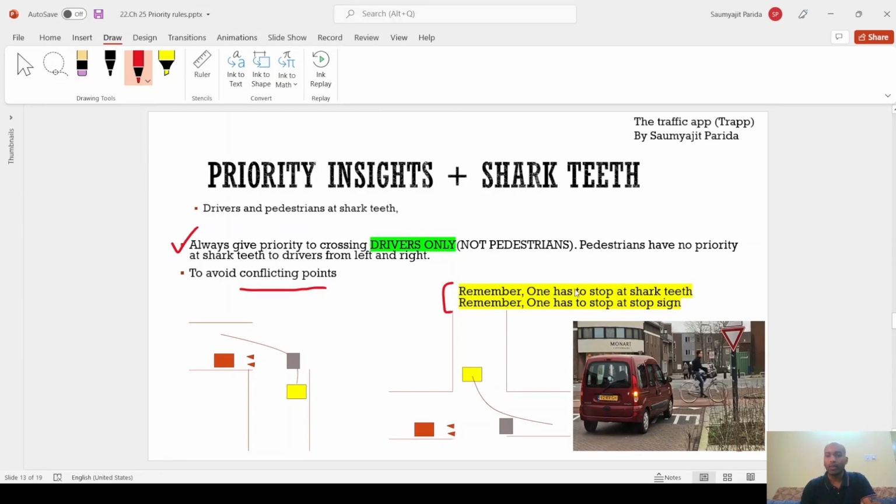Here I have highlighted two things. If I am approaching shark teeth and I see from a distance that nobody is approaching, then I can move on. But if some drivers are approaching, then I have to stop, but I do not have to turn off the engine.